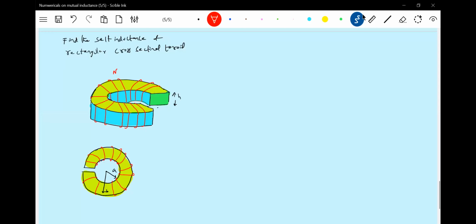Or the magnetic lines of force. So let's assume a current here. Let me send a current I here. A current I will flow, so it will produce a magnetic field.